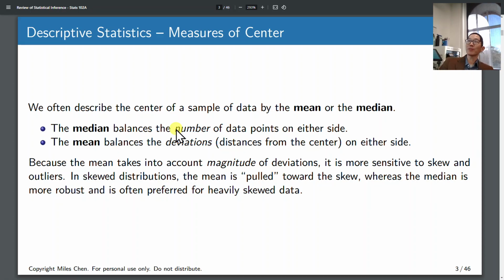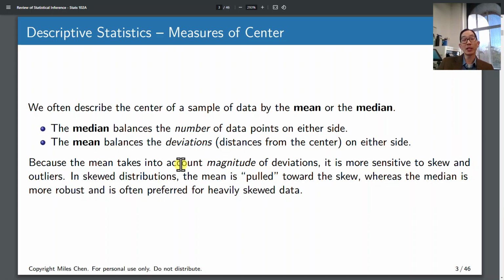All right, so we often start off with descriptions of the center, like the mean and the median. We know how to find the mean and the median, and it's even easier on the computer. You just type in mean, you just type in median, and it gets you these numbers. But I'm always surprised when students have a hard time explaining these things. The reason these are measures of center is that the median and mean both balance things.